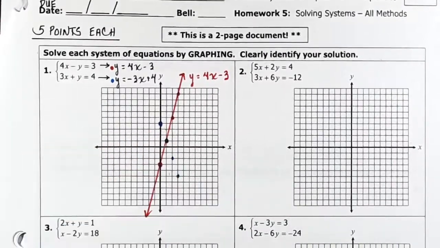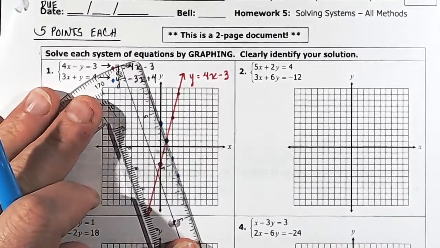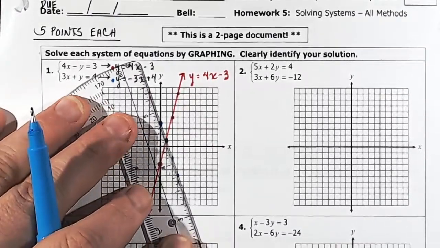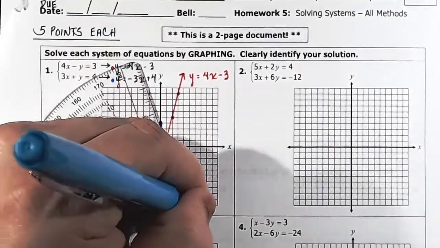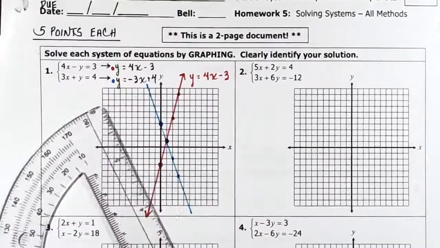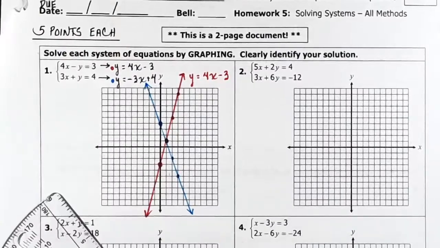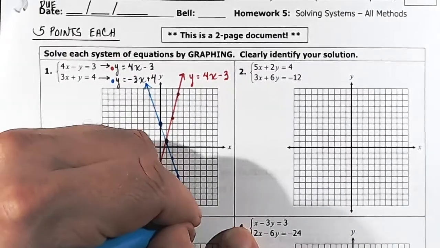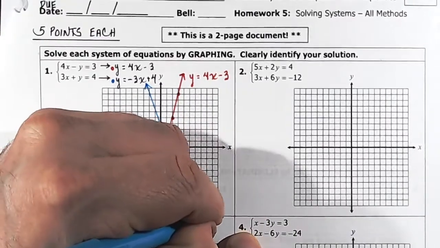This assures us that when we finally plot the line in, we're getting it in just right. Okay. So once you feel comfortable, you've lined up all the dots with your straight edge, draw in your line. And let's label it down here, y equals negative 3x plus 4.